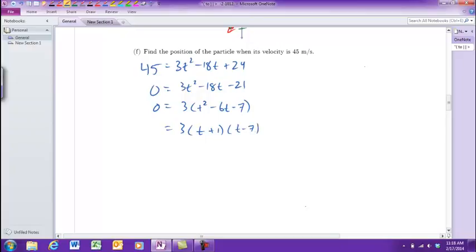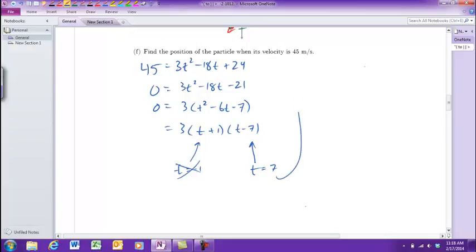And our particle, we're thinking of it moving with positive time, so we actually toss out, we get t equals -1 and t equals 7 as two possibilities. We toss out the negative time value because we're thinking of time starting at 0. So t equals 7, that's the time when the velocity is 45 meters per second, but we want the position.